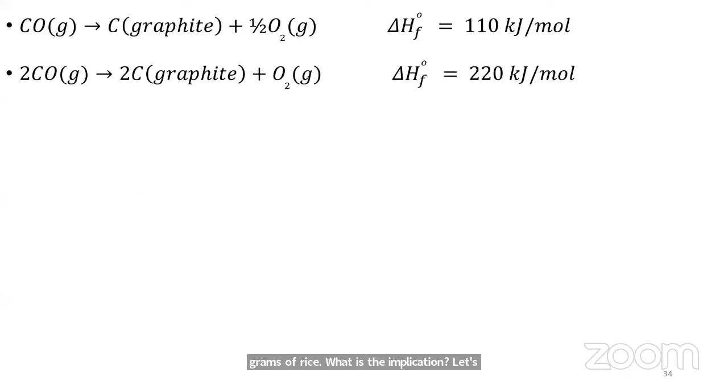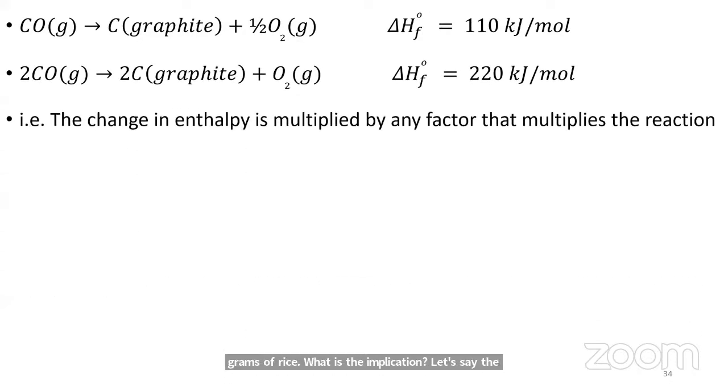What is the implication? Let's see the implication. The implication is in terms of the energy. So here we have our graphite. We have our CO2, which can dissociate into our graphite and our oxygen. If you check here, the standard enthalpy of formation, which is this, is 10. But now, if you have 2 of your CO2, of course, it's going to affect the number of moles of the products.